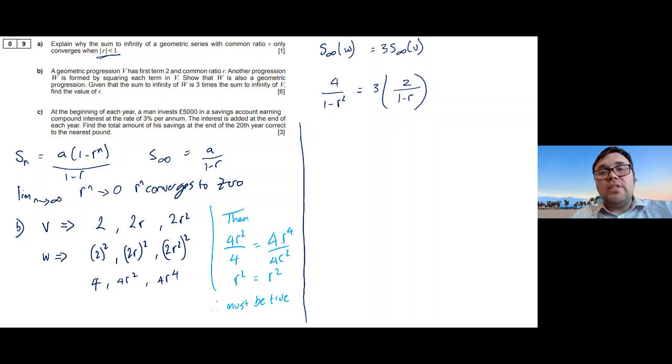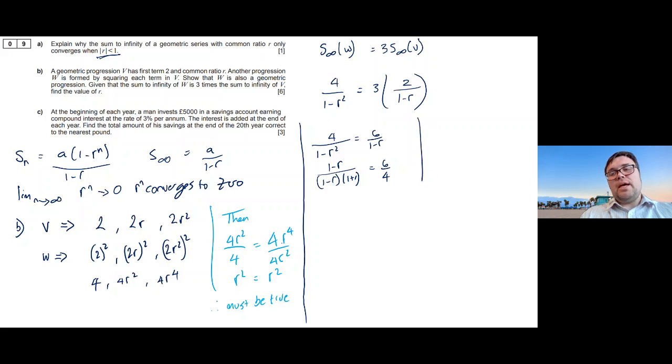Now a case of simplifying things. So I would say that is 4 over 1 minus r squared equals 6 over 1 minus r. You can use that 1 minus r squared is the difference of two squares, so that you have 1 minus r and 1 plus r. Then 1 minus r would cancel because it's on both sides.